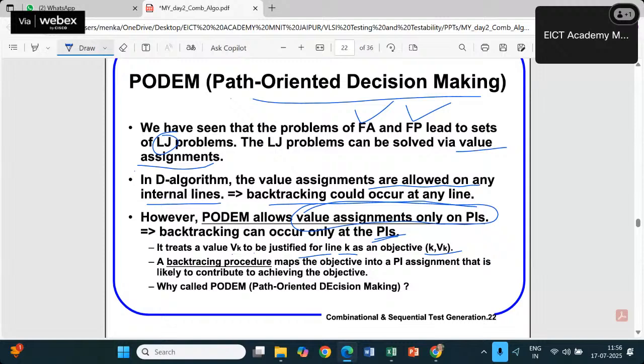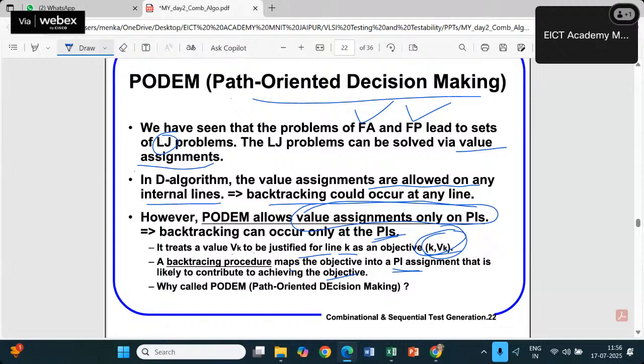A backtracing processor maps the objective (K, 0 or 1) into a primary input assignment that is likely to contribute to achieving the objective. So basically (K, Vk) is the goal, and to achieve that objective we directly go to the primary inputs. We will not create any intermediate, and that is why it is called a path oriented decision making algorithm.